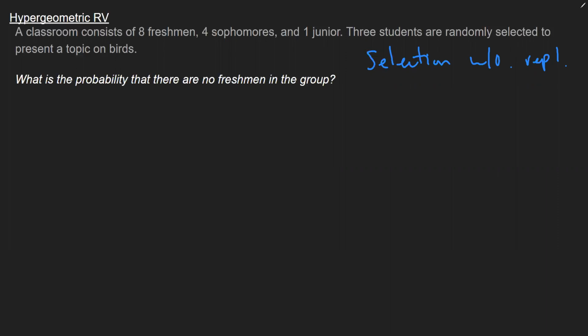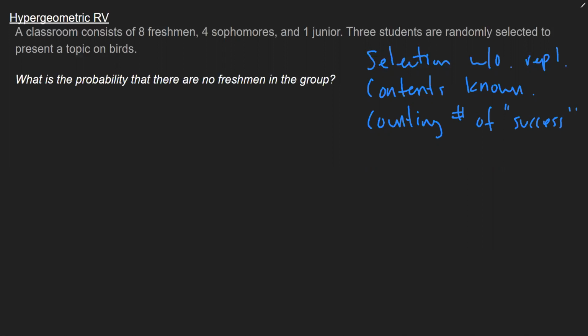The other component that you need is you need to know the contents of the pool of objects. So contents known. And in essence, you're counting, like the binomial, number of, quote, successes.